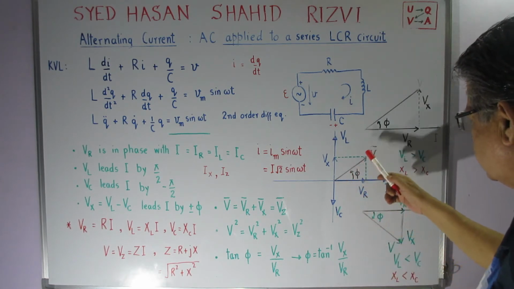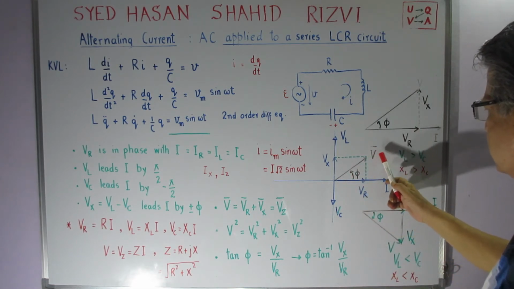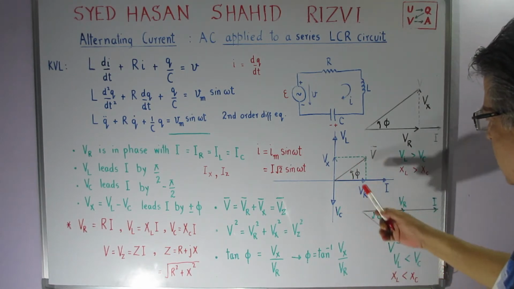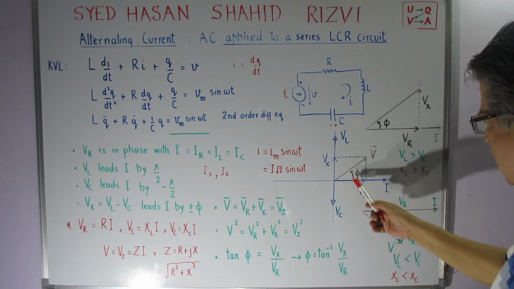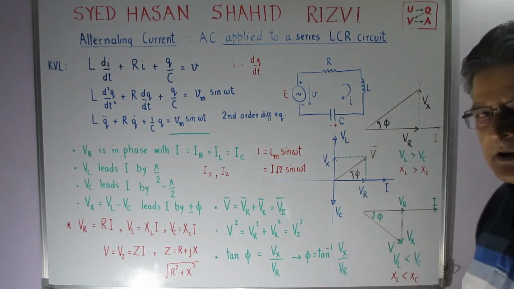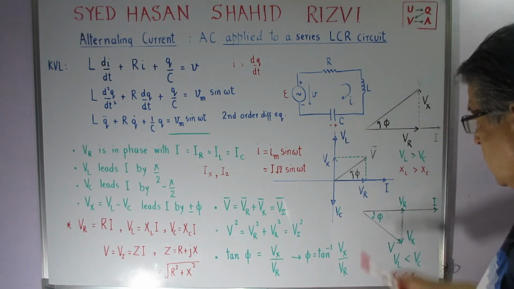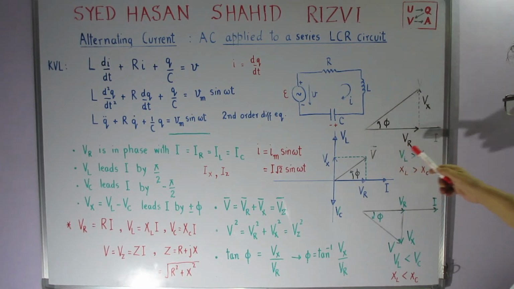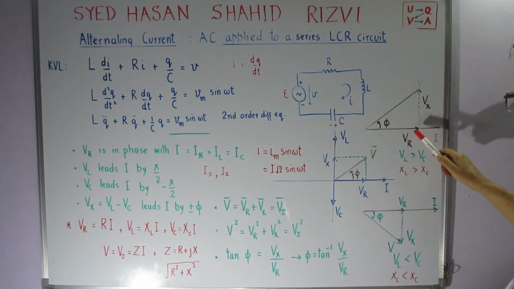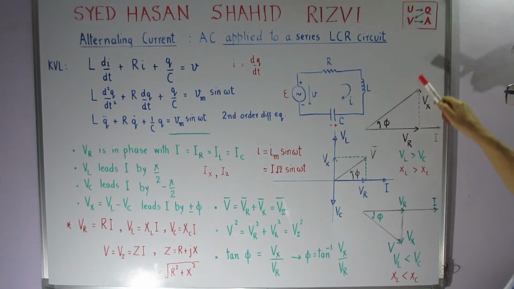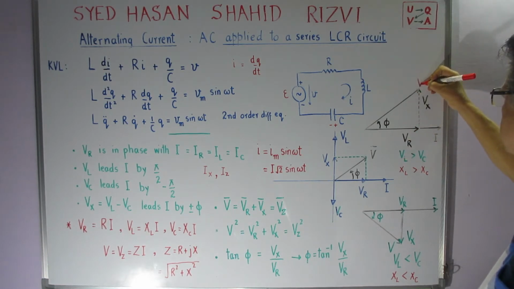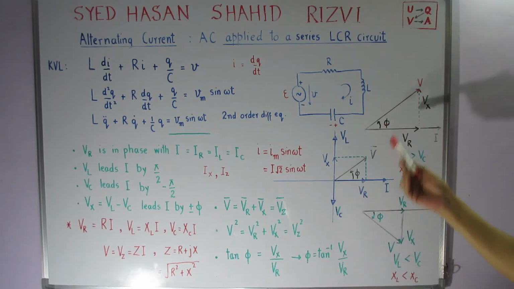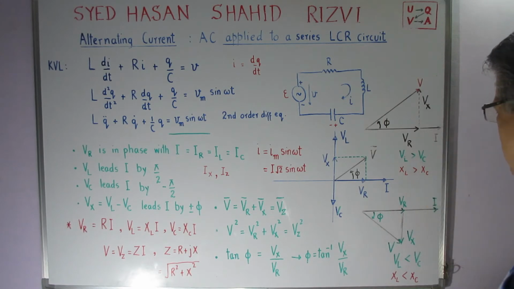And I find that the net resultant voltage is given as V, which is shown over here, and we see that this resultant voltage leads the current by an angle phi, which I have just blown up to show you more clearly that this is our VR and this is Vx and this is our V. So you understand the relationship. This is the phi, this is my I.